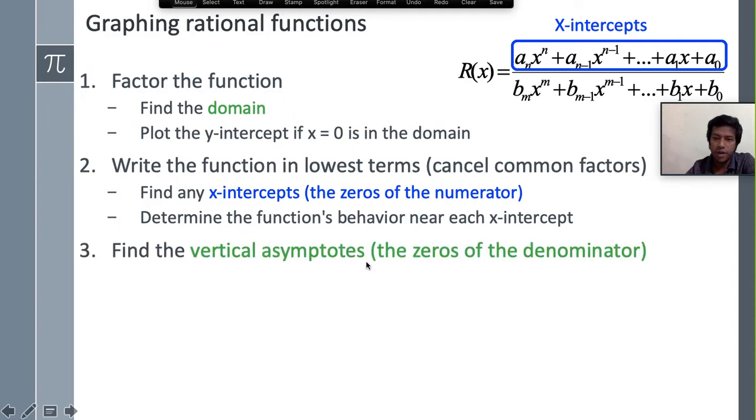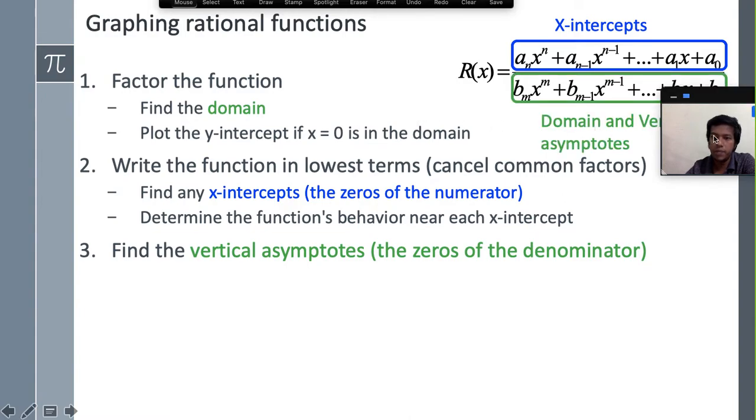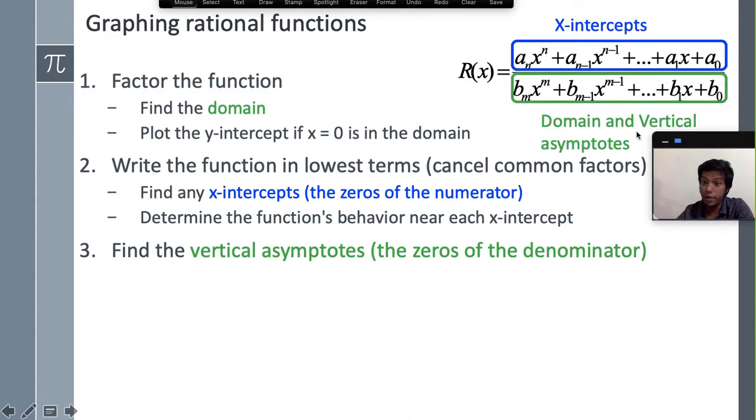Vertical asymptote will come from the denominator. But remember, domain will come from the original function. Vertical asymptote will come from the reduced function. After we cancel out the common factors, then we will find out the vertical asymptote.